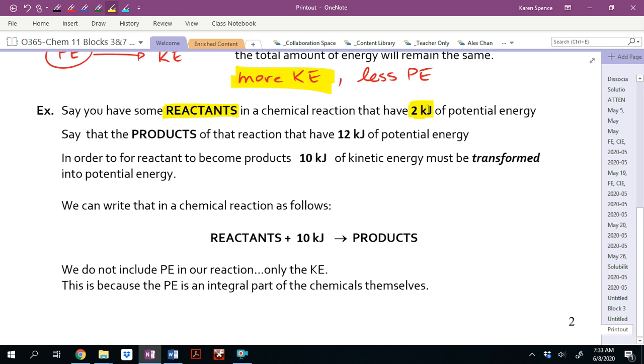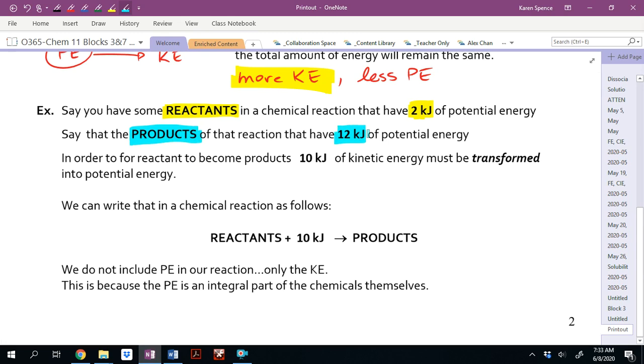That is potential energy. Let's say that the products are different chemicals now, so they have different chemical bonds, so they're going to have a different amount of energy stored in them. Let's say that they have 12 kilojoules of potential energy stored in them.